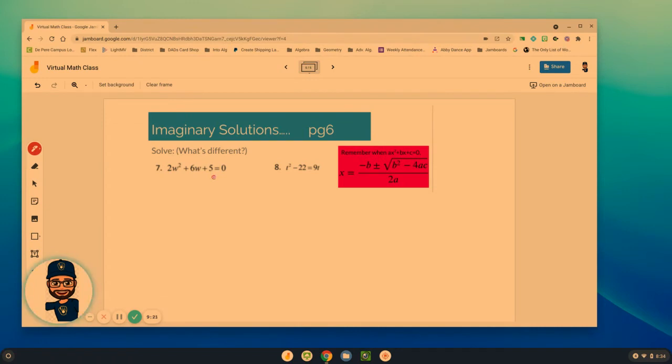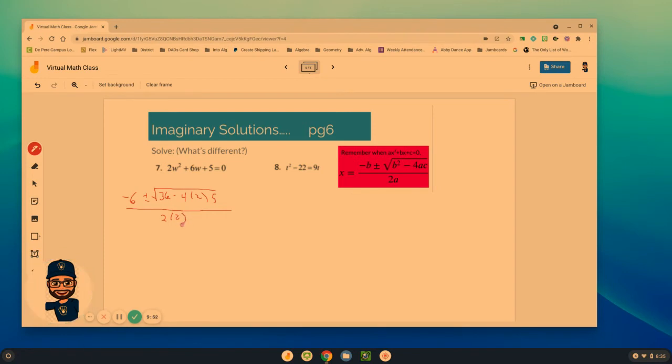So this is where we've got to go back to using the quadratic formula. So let's see what happens if we use that with number 7. The opposite of b, which is negative 6, plus or minus the square root of b squared, so that's 36, minus 4 times a times c, all over twice the a value, which is 2.